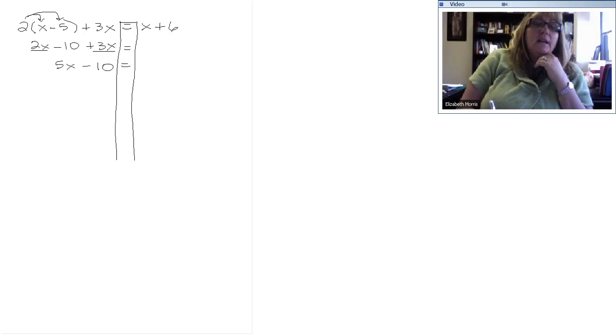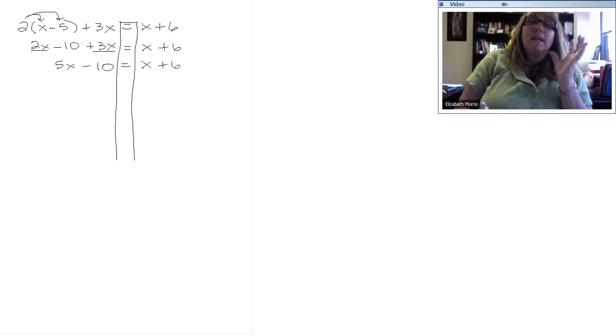Can I combine 5x and 10? No. Now I'm going to look on this side. Is there anything I need to do? No parentheses to get rid of, and there's nothing I can combine. So it just stays the same. Now I can start moving things because I need this x to be over here and this number to be over here.